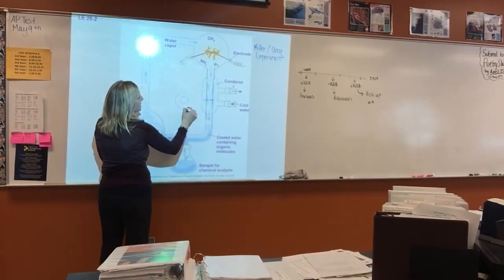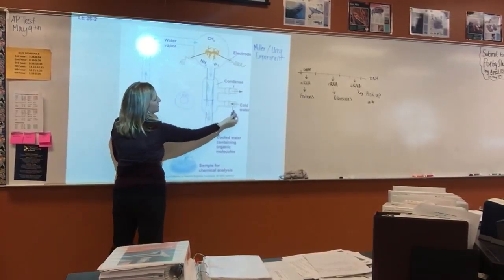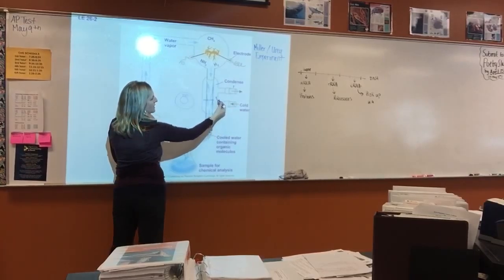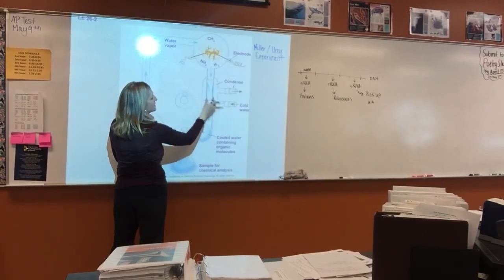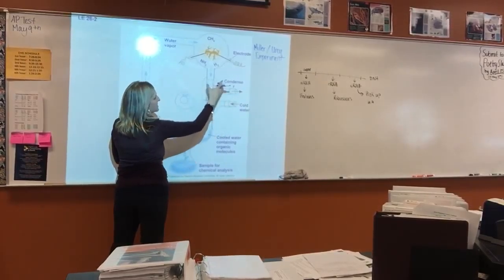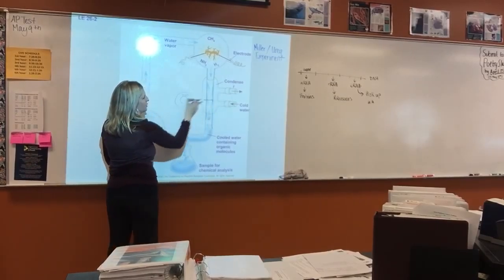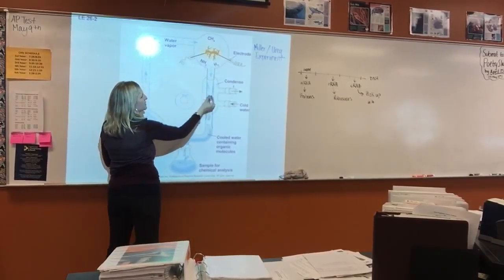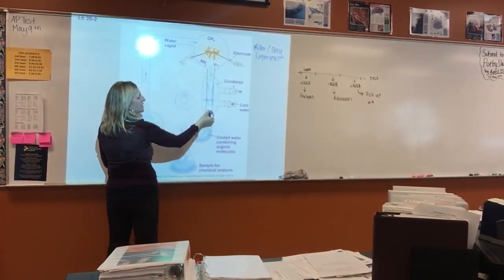And then around it, you'd have cold water flowing around it. So notice here, cold water coming into this tube around this inner tube. And this cold water then comes out, and so new cold water constantly comes in. What that does is cool off whatever's inside here. So all this water vapor inside here cools off.